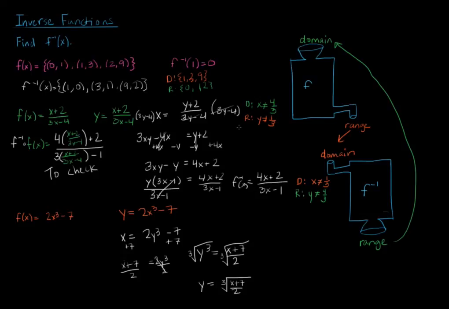So the range of the original function has the same problem that the domain of the inverse function has, and vice versa. The range of the inverse function has the same problem that the domain has in the regular function. So the domains and ranges stay the same, but they switch. But the same problems exist for both.